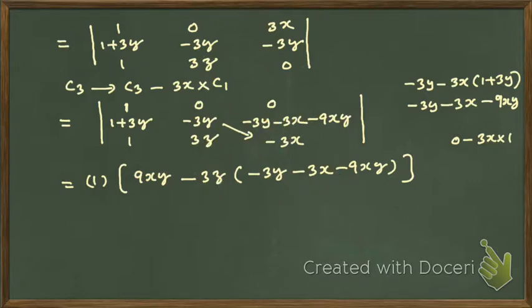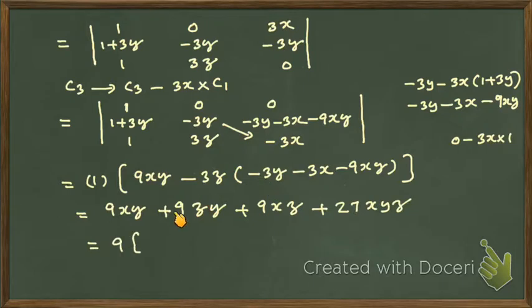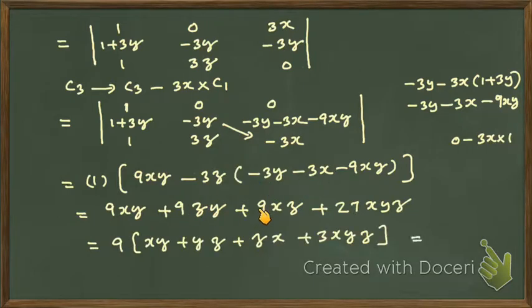Then you multiply it in and that's your answer. So 9xy, open the bracket, plus 9zy, 9xz, 27xyz. There is 9 common factor and you get your RHS.